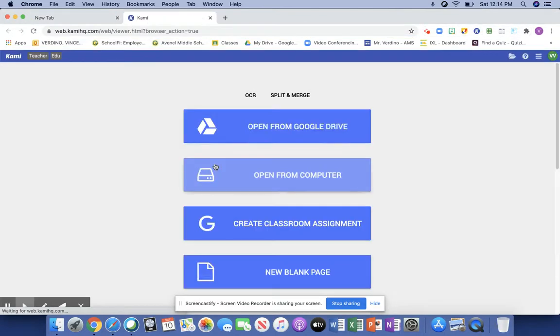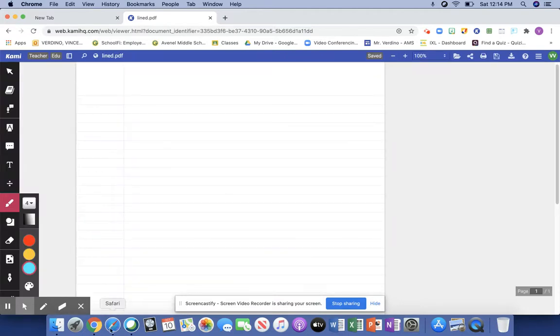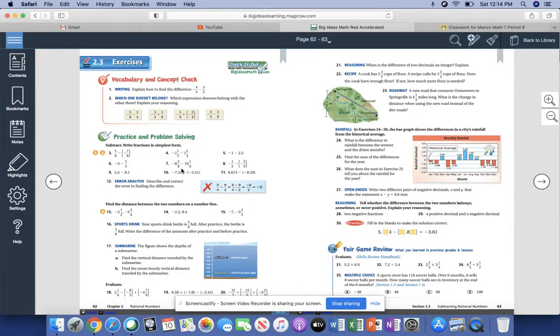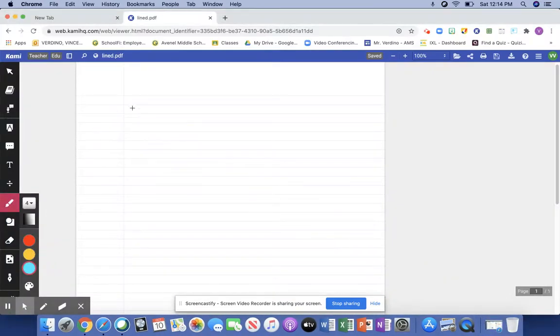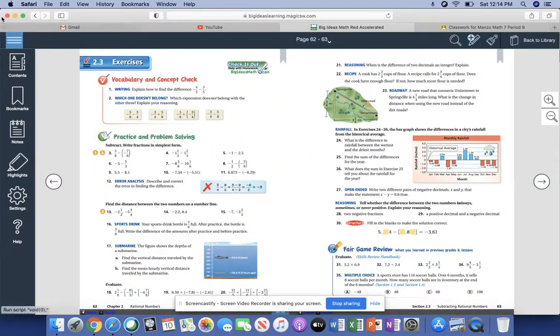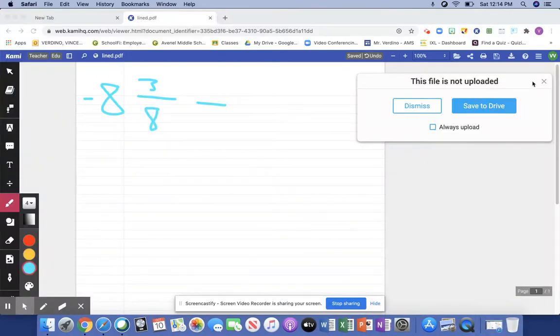If I were to subtract negative 8 and 3/8, right, we are subtracting 10 and 1/6.